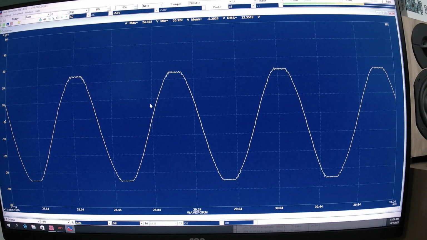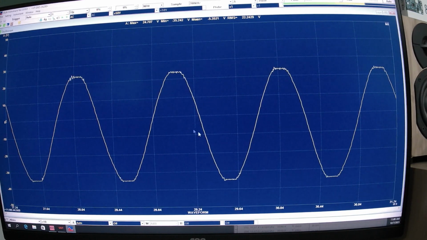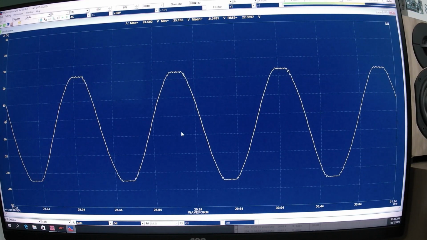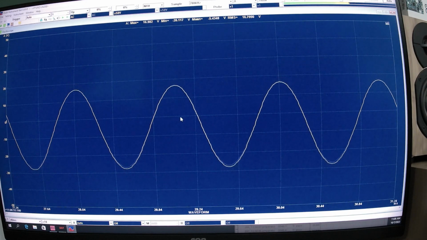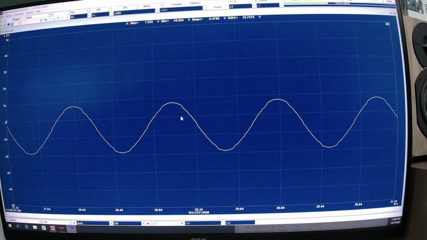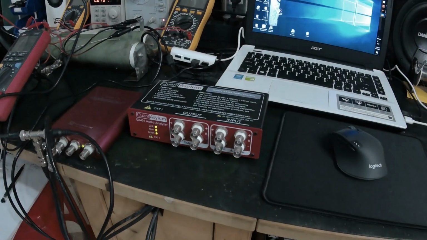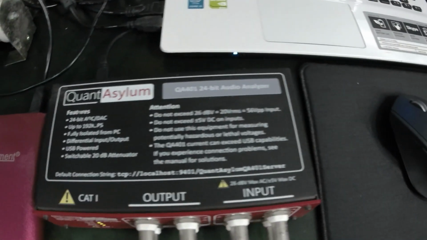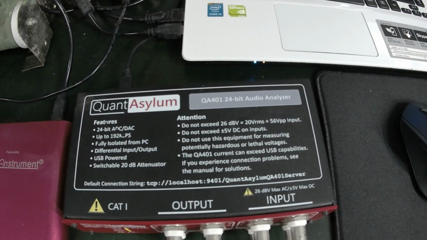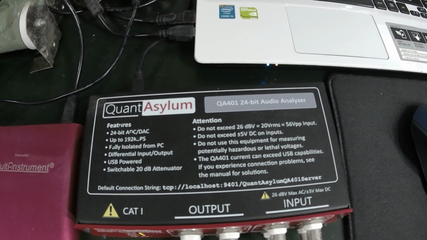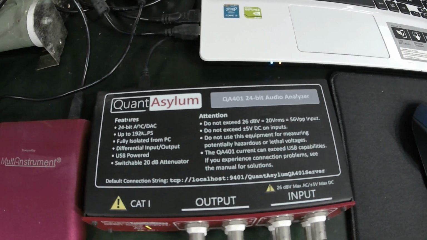Increasing further, the artifacts at the tops and bottoms are definitely ugly already. I'm not so sure if this is 1% or 10%. Unfortunately, there is a limitation of the QA401, and it says I can't input more than 20 volt RMS, otherwise it will probably damage it.